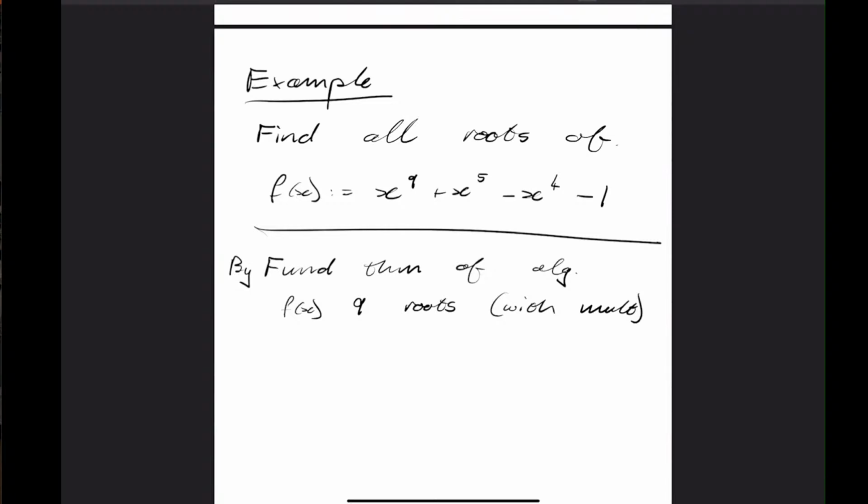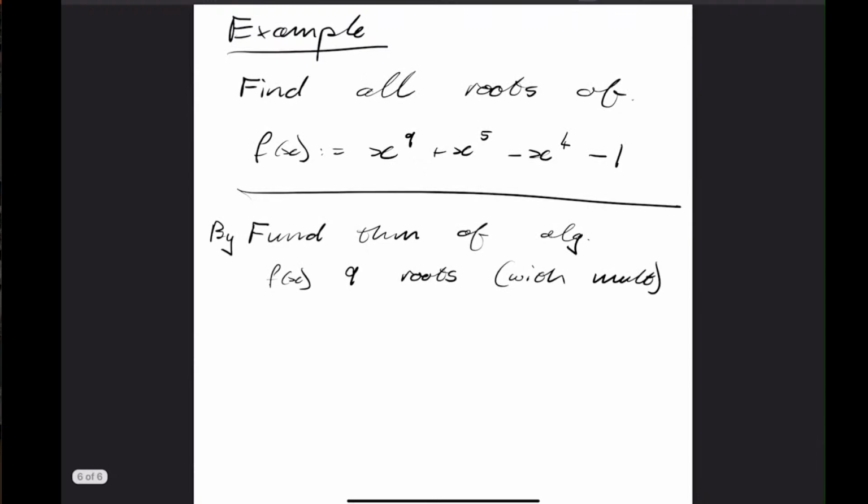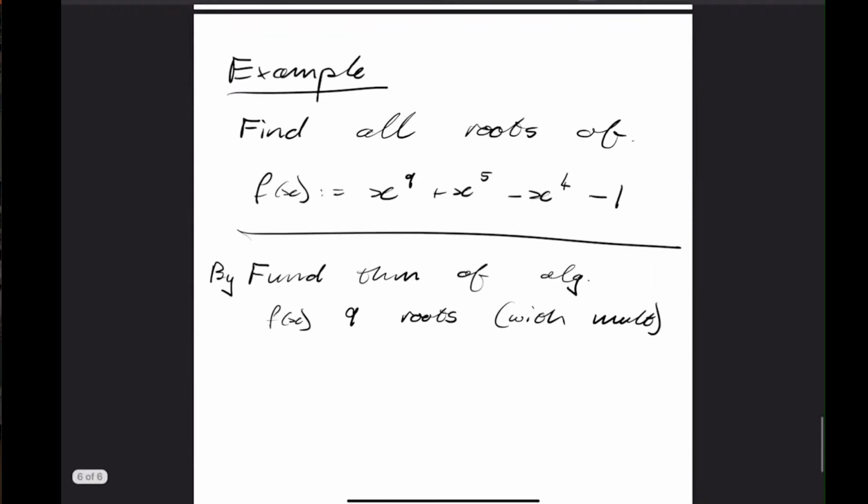Okay, let us return to this example. We know we're looking for 9 complex roots counted with multiplicity. Okay, let's take a look at our polynomial. Notice it has real roots, so maybe we can try that trick. If we take out an x to the 5 here, we're going to end up with an x to the 4 here, and that might look like that part that we have over there.